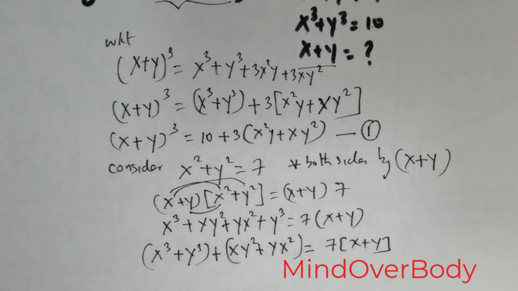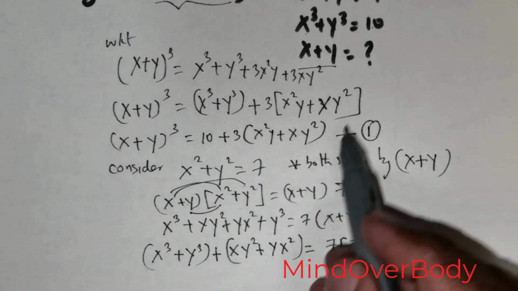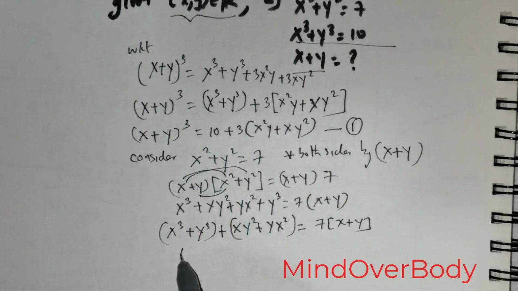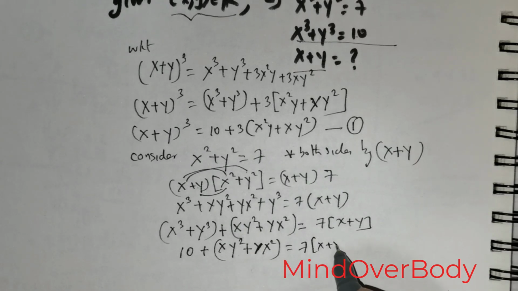Now what we can do is use the value for x cubed plus y cubed, which is given as 10. So let me write that down, followed by I'm going to retain this x times y squared plus y times x squared is equal to 7 times (x plus y).